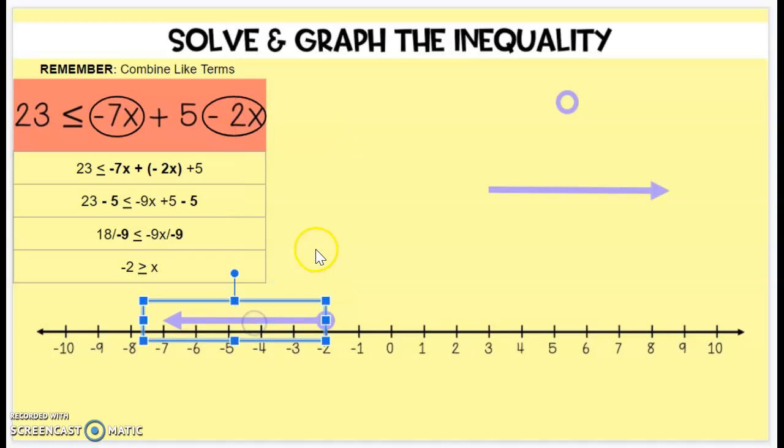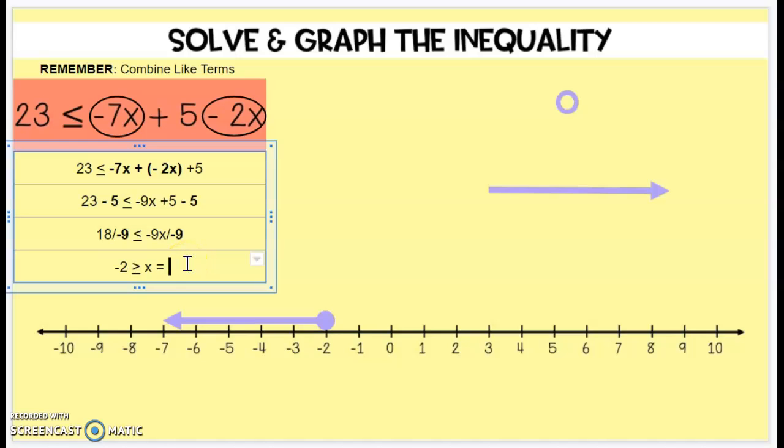What it's saying is you're trying to fill in this x. So what I would do is flip it or rewrite it to be x is less than or equal to my negative 2. Now, if you look at this, you will notice that it's the same thing.